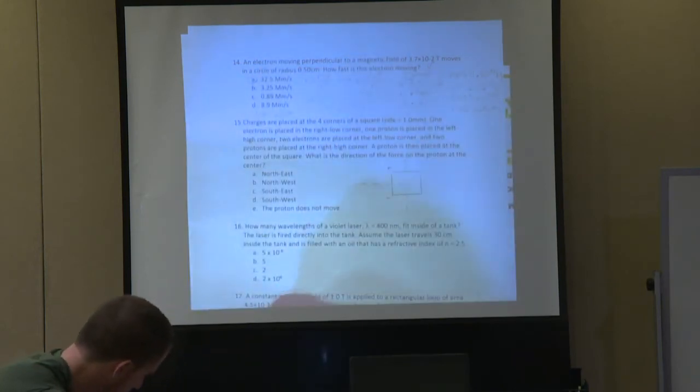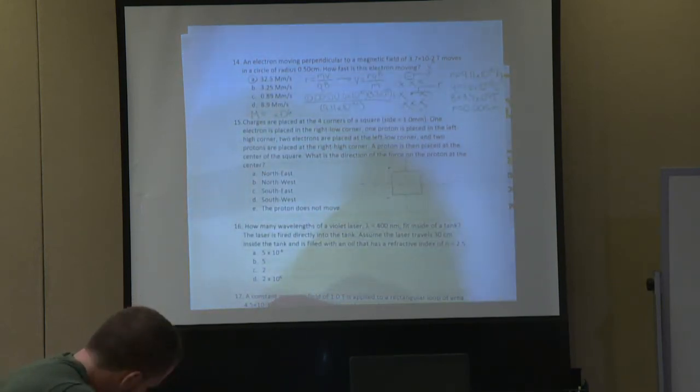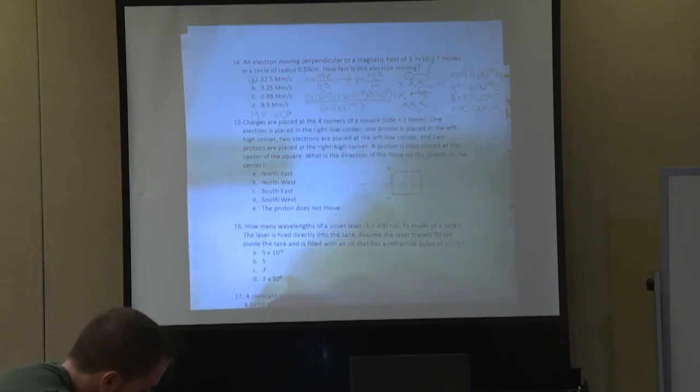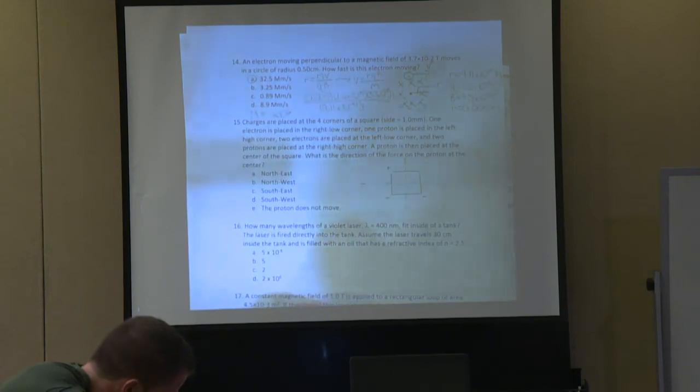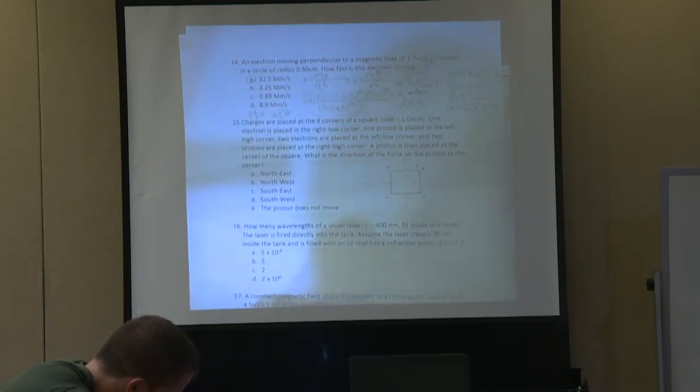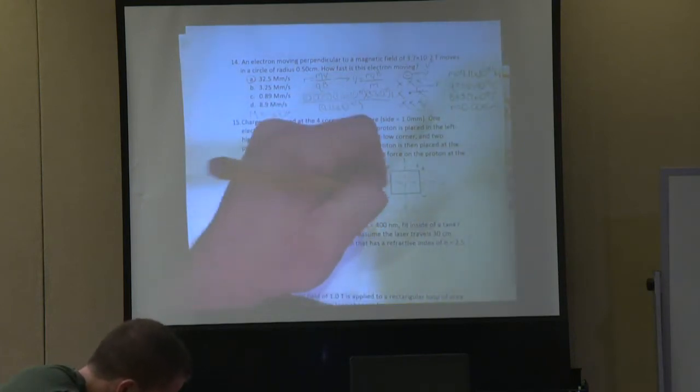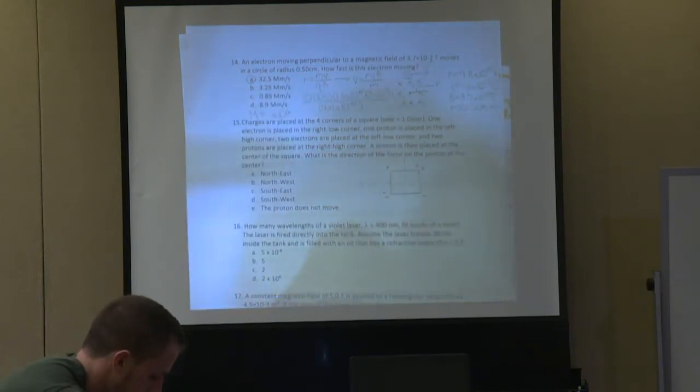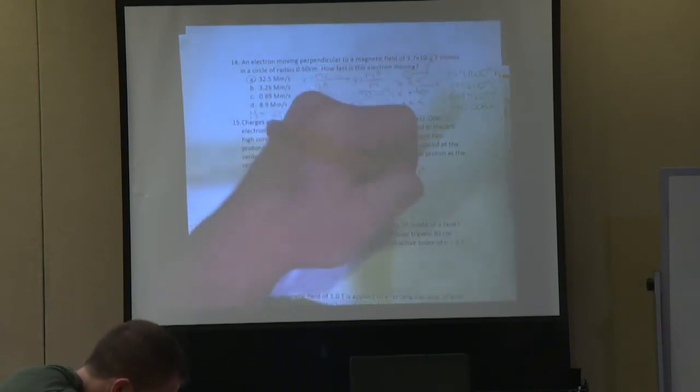One positive sign. I'm sorry, I put that in wrong. One electron is supposed to be on the right. Two protons are placed at the right high corner. And then 2 electrons at the left low corner. So just add another minus there. So that's what it's asking about, and you're placing a proton in the center.